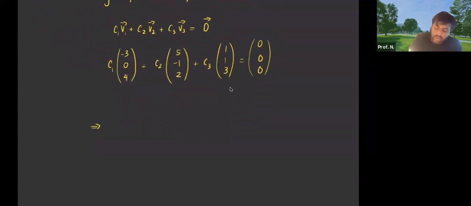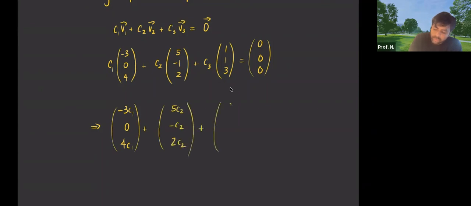And then when we distribute, doing the scalar multiplication, I get -3C1, 0, 4C1, plus 5C2, -C2, 2C2, plus C3, C3, 3C3, equals 0, 0, 0.